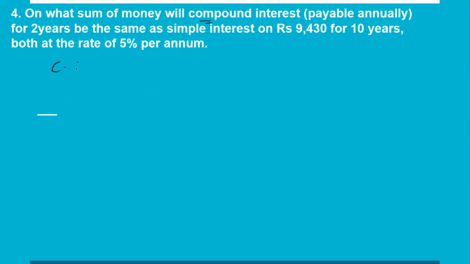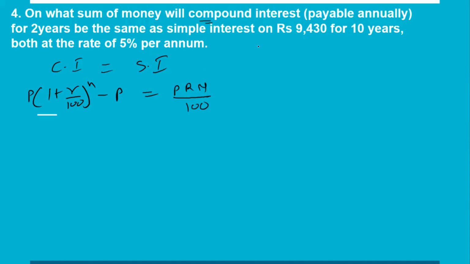So we get compound interest equal to simple interest at what principal? Compound interest is A minus P, which is P in bracket (1 plus R upon 100) raised to N, minus P, is equal to PRN upon 100.